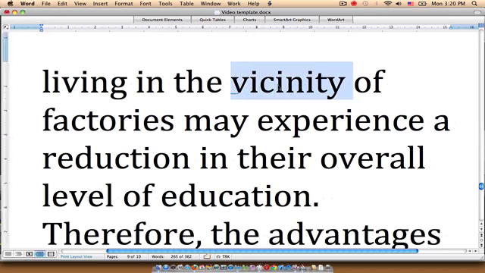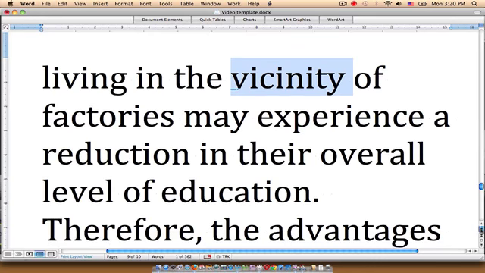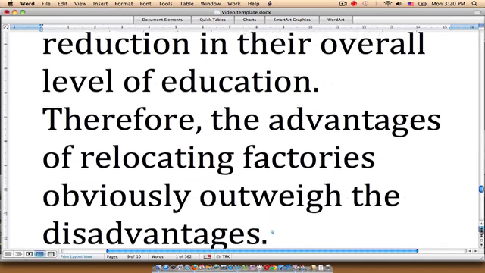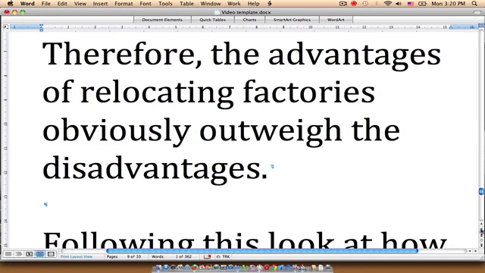So vicinity just means in the same area or close to. So people living in the vicinity of factories may experience a reduction in their overall level of education. Therefore, the advantages of relocating factories obviously outweigh the disadvantages.